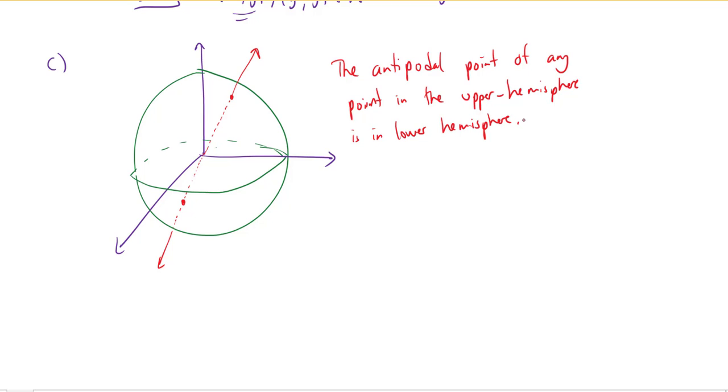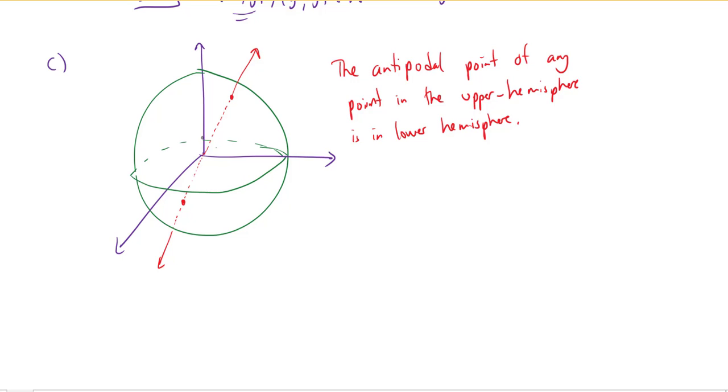So if I'm looking for one element from each equivalence class, I don't need to take any point from the lower hemisphere because it will have a corresponding point in the upper hemisphere that I can choose. And in fact, anything I take in the upper hemisphere, we know that corresponds to something in the lower hemisphere, so there's no repeats there. So what I can do is just take the upper hemisphere, except for one little exception.